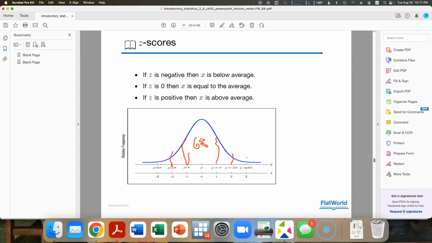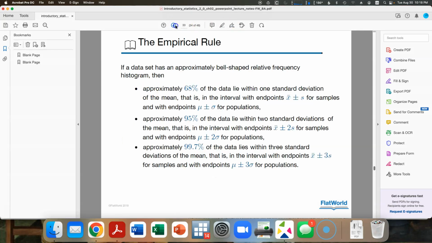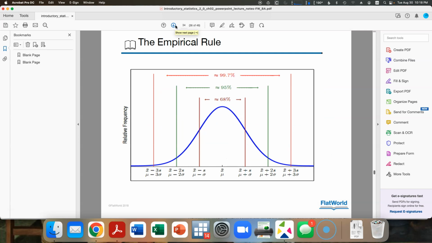And then finally, at 3 standard deviations, when the data is normally distributed, 99.7% of the data is collected within that sample of 3 standard deviations plus or minus from the mean score. And that's essentially what you see here, and now in much nicer form than what I just drew out.